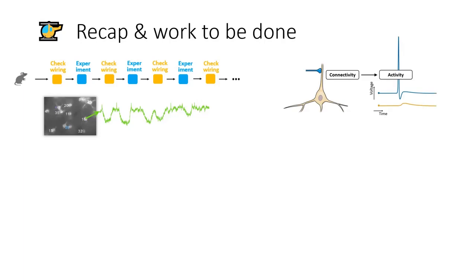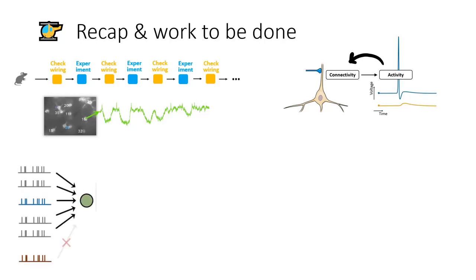Our idea for connection detection is based on the causal relationship between the connectivity on the one hand and activity on the other. So when neuron A and B are connected, then when A sends a spike, it will generate a bump. So if we see a spike and a bump, then we can infer that A and B may be connected. We test our idea in silico by using a simple network like so.